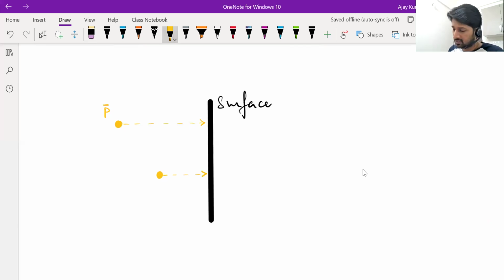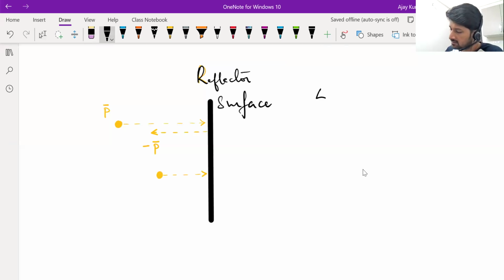If the surface is a perfect reflector, the photon will come back with the same momentum p in the opposite direction. So you should call it minus p. As a vector, it is minus p. Now, if it's a perfect absorber, all the p of the photon is gone. But if it's a perfect reflector, the p of the photon becomes minus p.